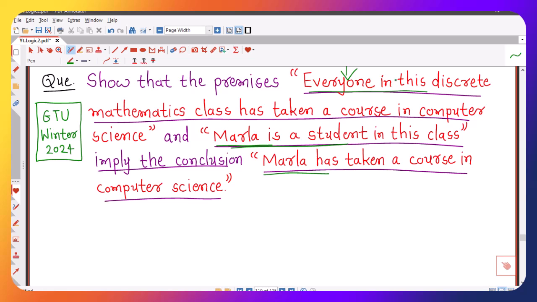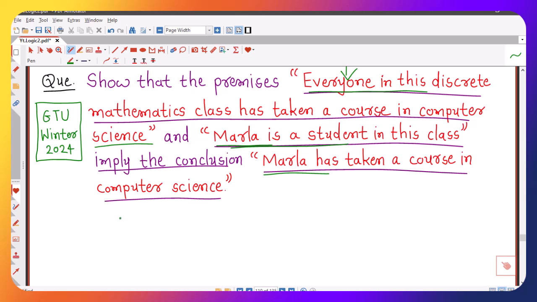What is given here: everyone in this discrete mathematics class has taken a course in computer science. There are two things here: that everyone is in the discrete mathematics class, and that they have taken a course in computer science. So they are talking about two things, that the person is in the discrete mathematics class and the person has taken a course in computer science.